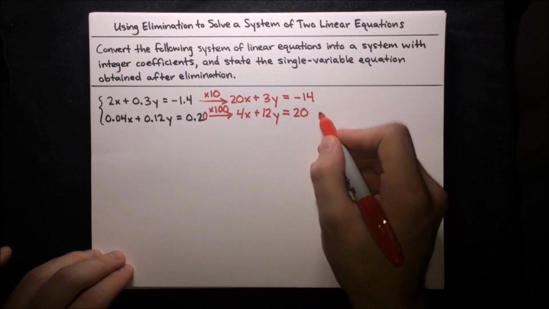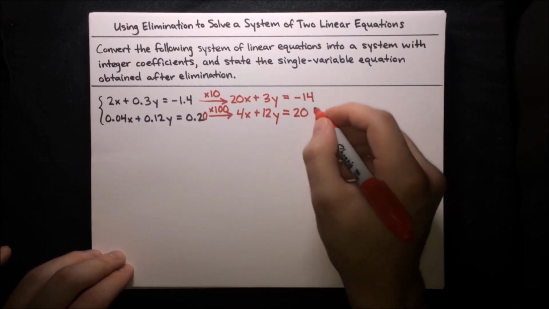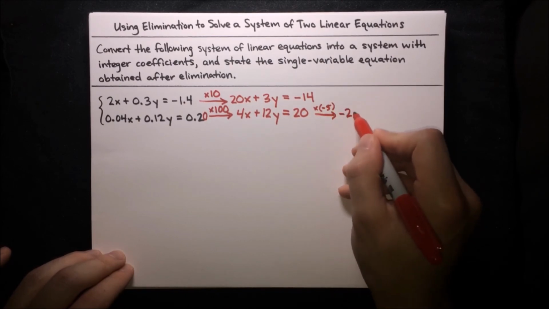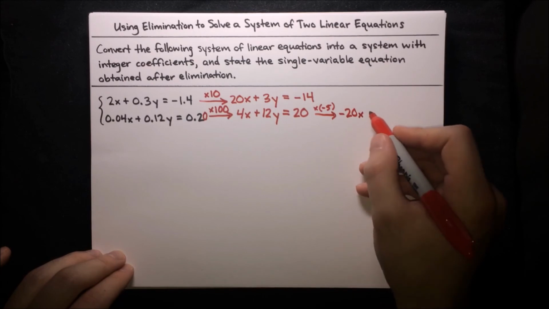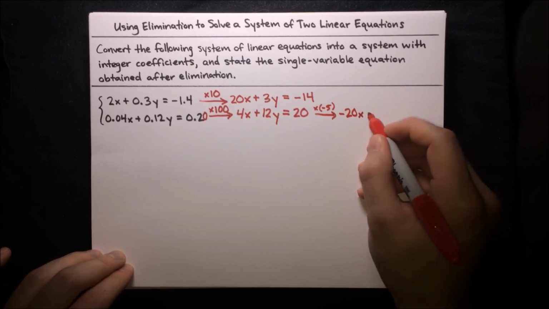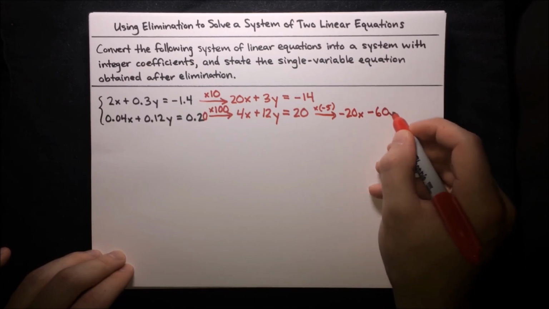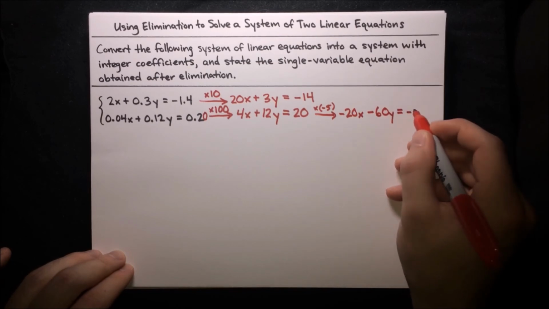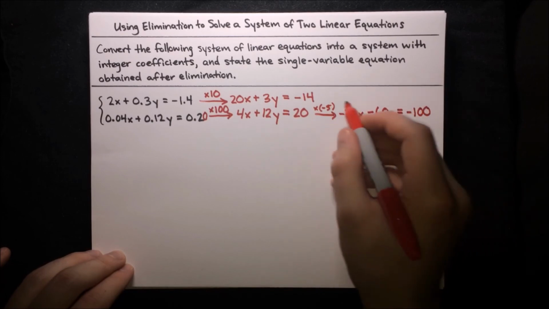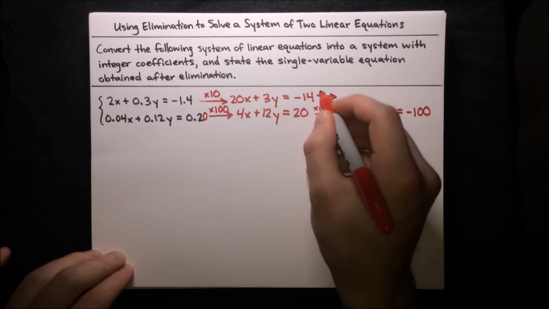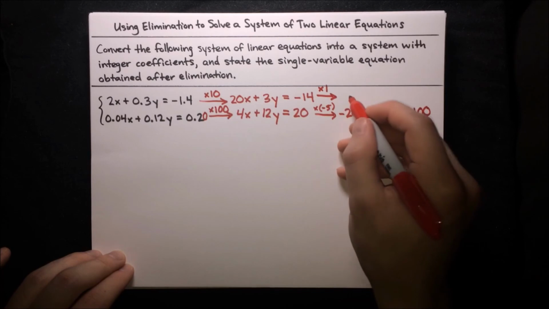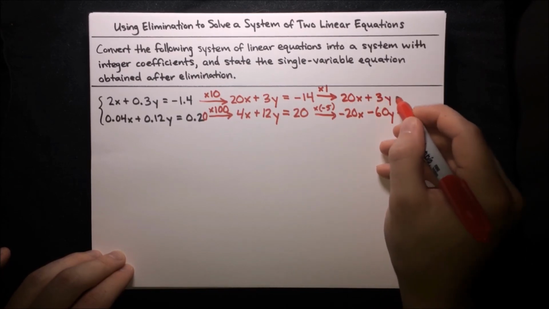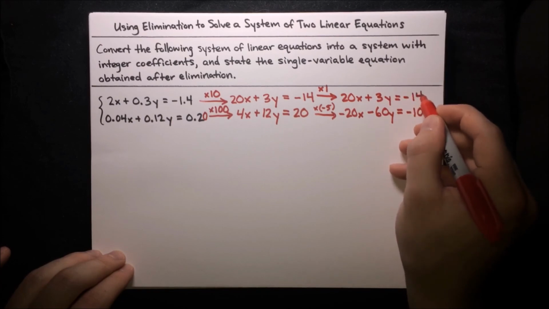So let's multiply this bottom equation by negative 5, so times negative 5, and we'll have negative 20x, and then 12 times negative 5 is negative 60, so minus 60y, and then that equals 20 times negative 5 is negative 100. And this top equation, that'll just stay the same, so just like times 1, same exact equation, 20x plus 3y is equal to negative 14.